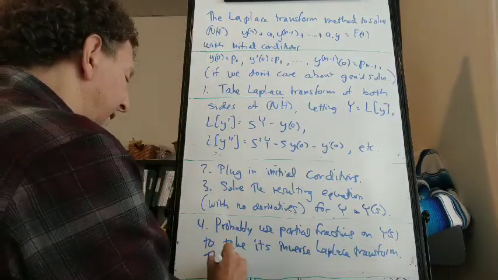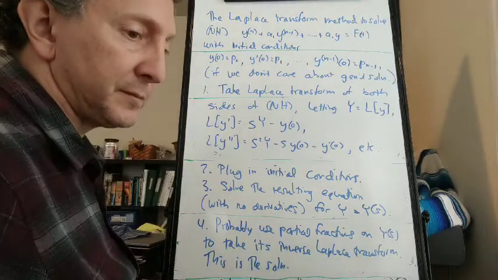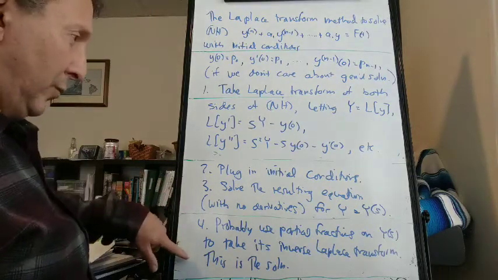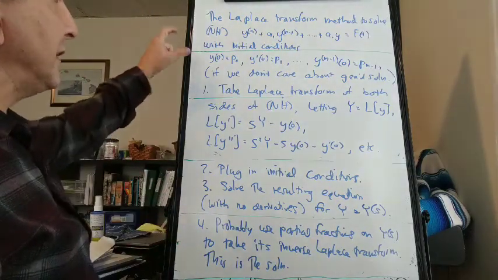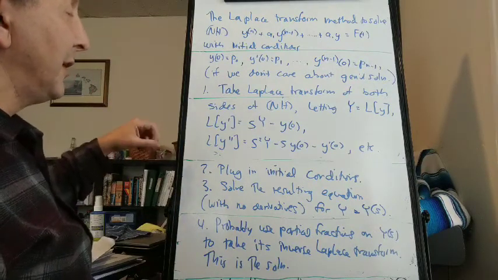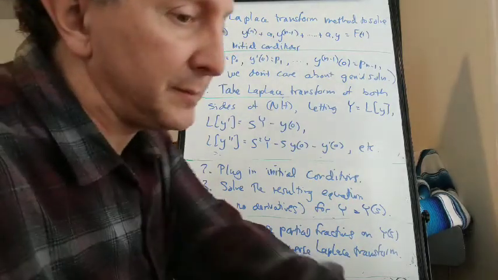And then this is the solution. So we're going to get the solution to the initial value problem without actually having to pass through the step where we have the general solution with all the constants that we have to solve for.